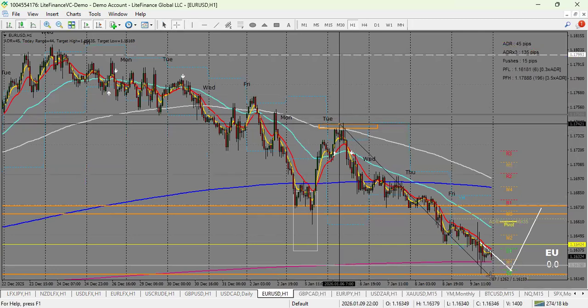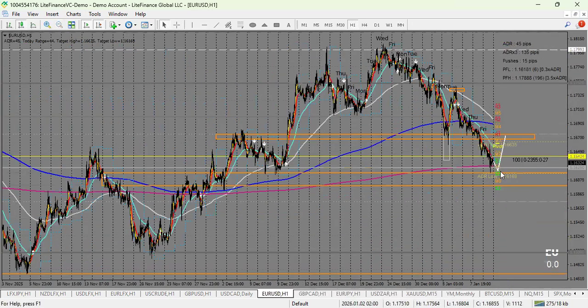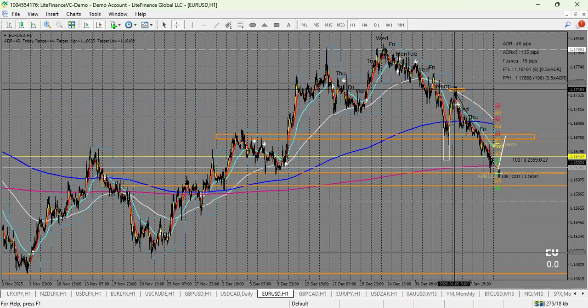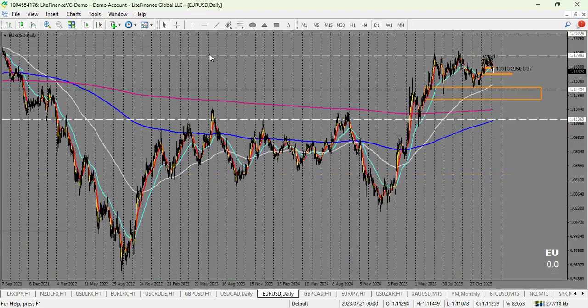Price has moved around 128 pips, so we still have a few pips down before the market can reverse. Around this zone is where the peak will be set. We'll be looking for price to form a peak formation low around this zone for us to take a buy.